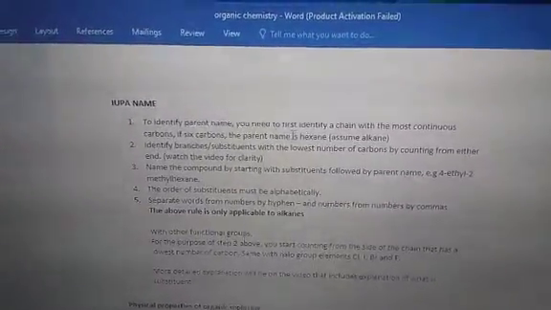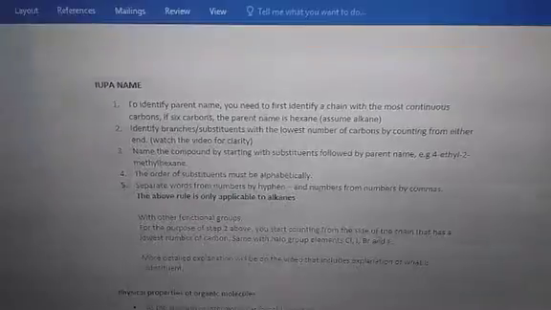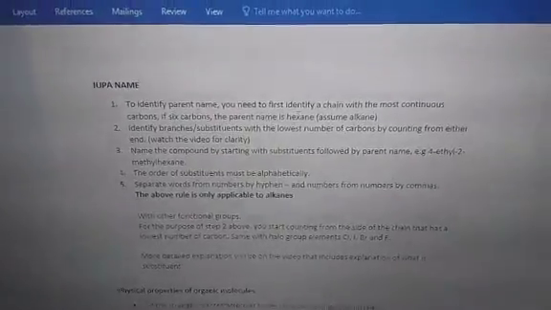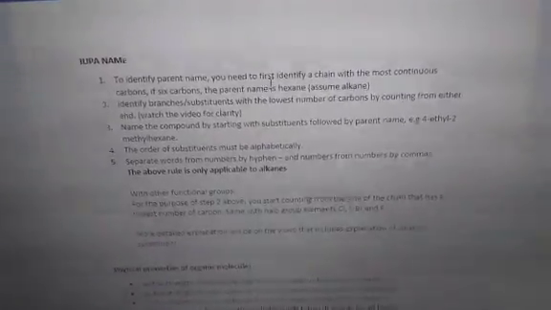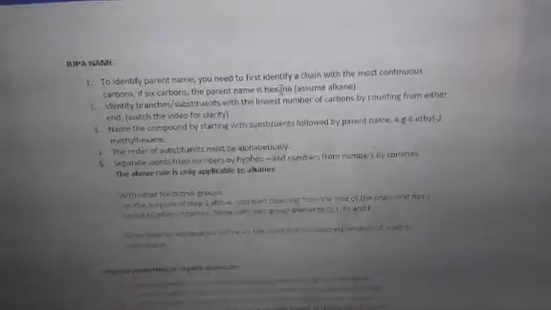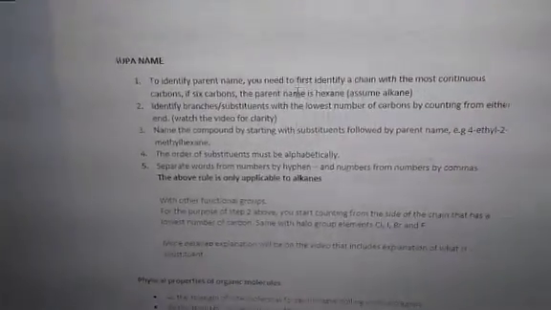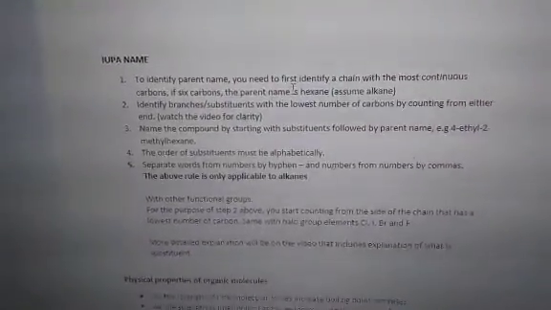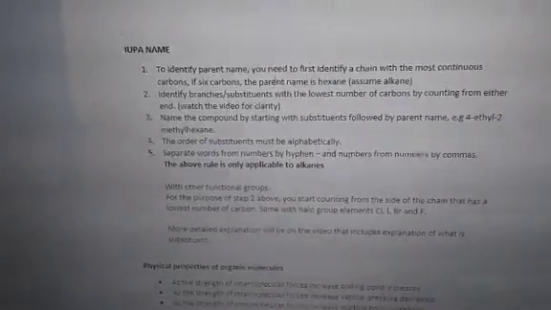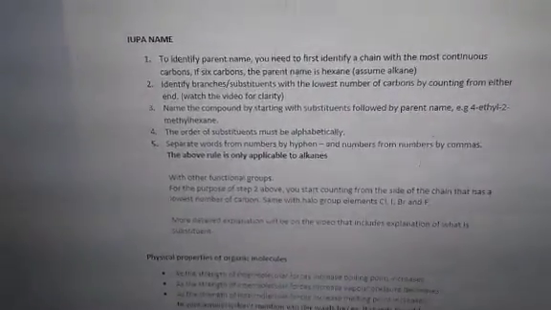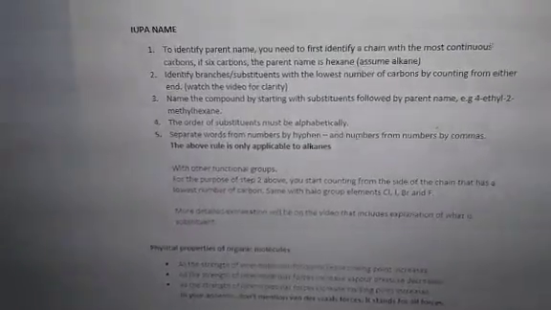That would be your parent name. If it's 6, it's going to be hexane. If it's 4 carbons, it's going to be butane. If it's 3, it's propane. Whatever it is, you will see from your textbook. The parent name depends on the number of carbons within that chain.